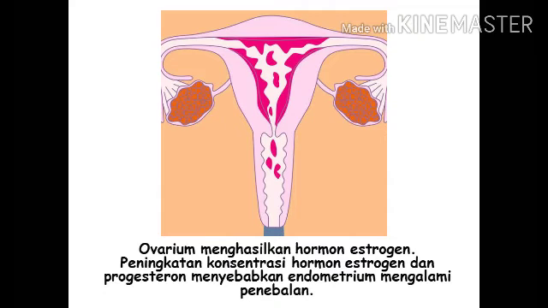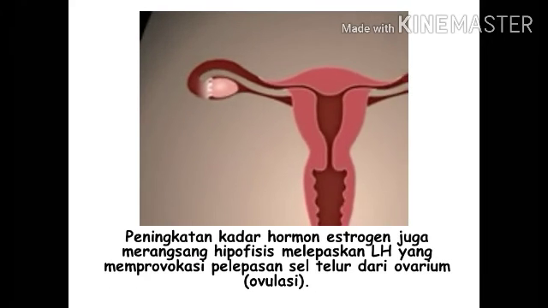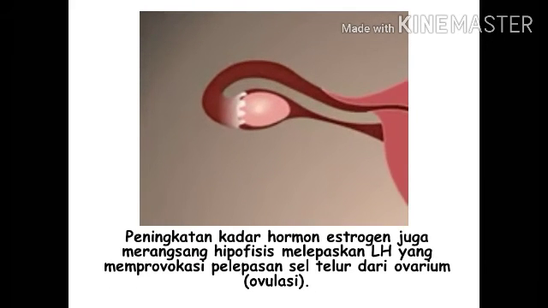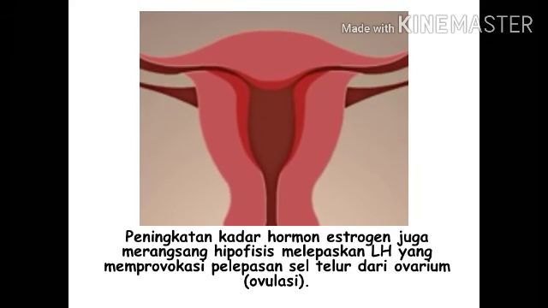The increase in the concentration of estrogen and progesterone causes the endometrium to thicken. The increased level of estrogen also stimulates the pituitary to release LH, which provokes the release of the ovum from the ovary, which we call ovulation.